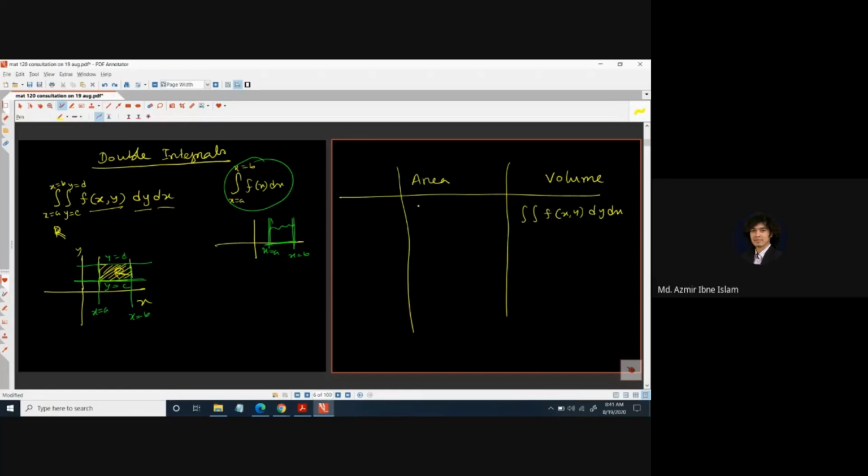But if you have a double integral with only dy dx, and the function f of x comma y is just 1, that means you have just x times y. So that is actually giving you area. You know that x times y gives you the area of any rectangle. Remember, the formula is, if you have the double integral dy dx with the function 1, then it will give you the area. So this is in the Cartesian coordinate system.